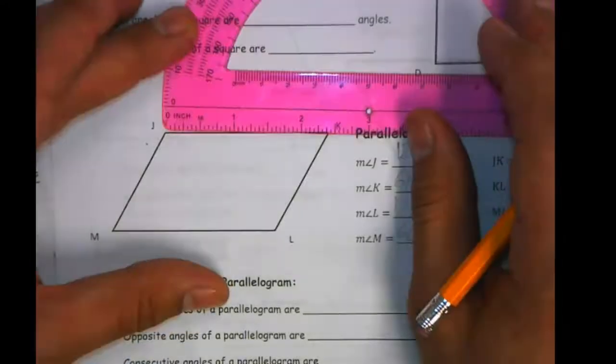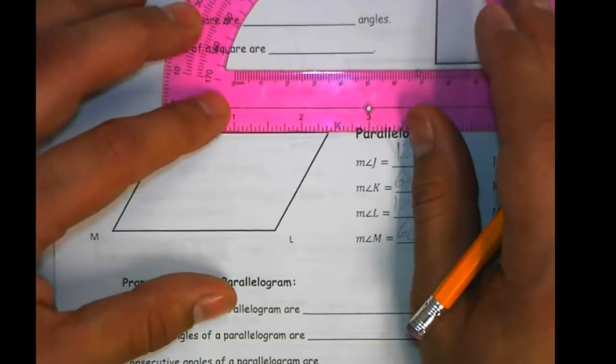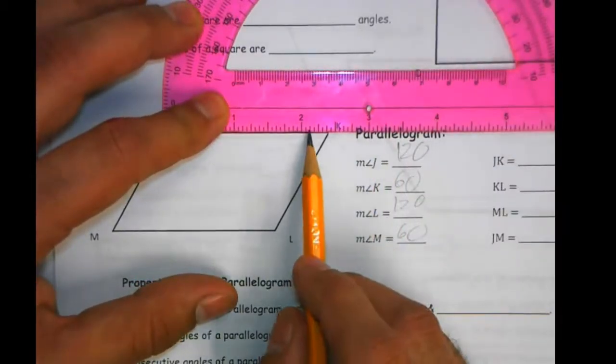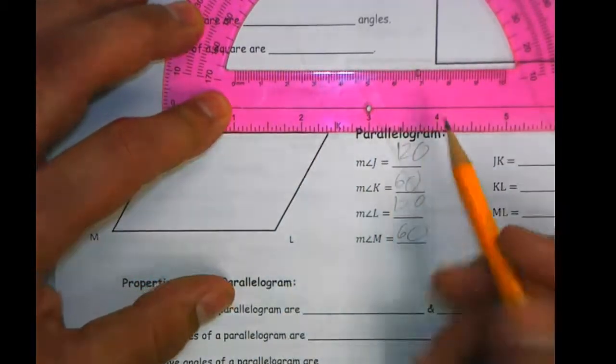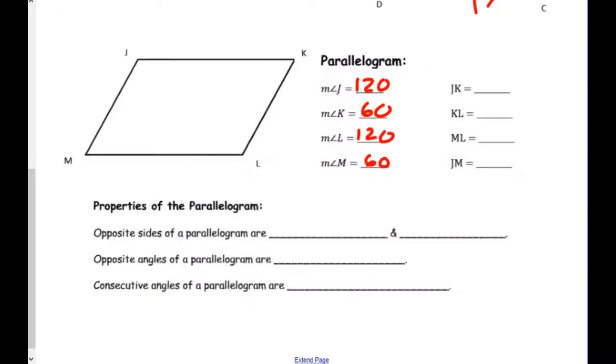So JK from here to here. Okay, it's not a perfectly nice number, but it is what it is. So 1, 2, 3, 8. 2 3/8. Okay, so we'll give it a little round here. So 2.4, we'll go with that. And spoiler alert, ML is also going to be the same, about 2.4.